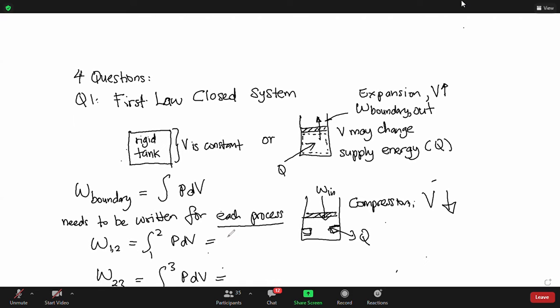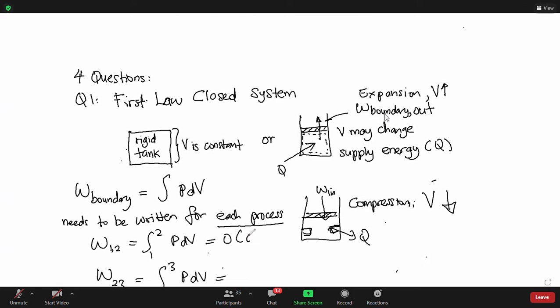What's the equation for a constant volume? Anyone? Doctor, it's 0. For constant volume it's 0. What if it is a constant pressure?